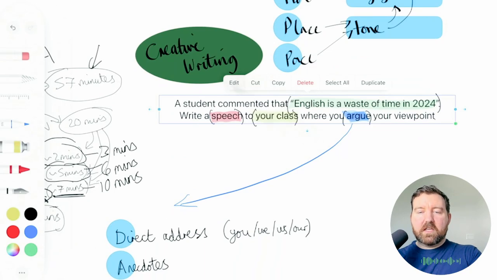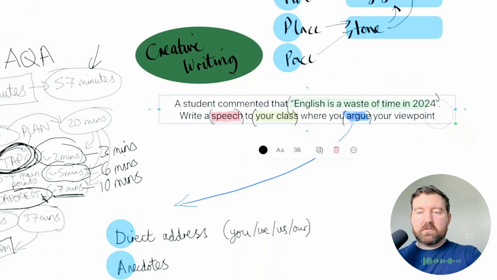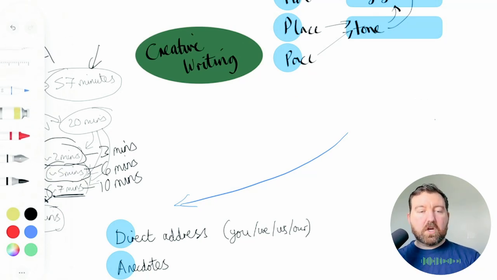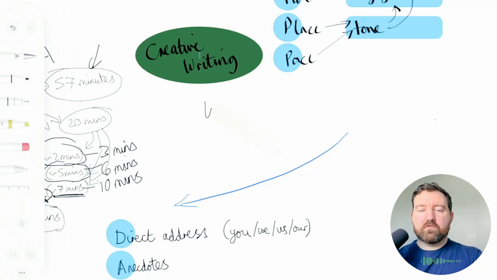What we had written here for last week for transactional writing obviously is not relevant today for creative writing. So we're just going to edit this text and look at the correct type of question. It would be more likely something like, write about your favorite holiday.